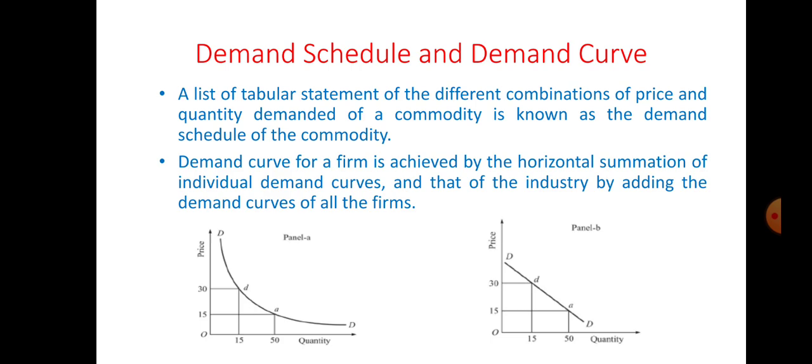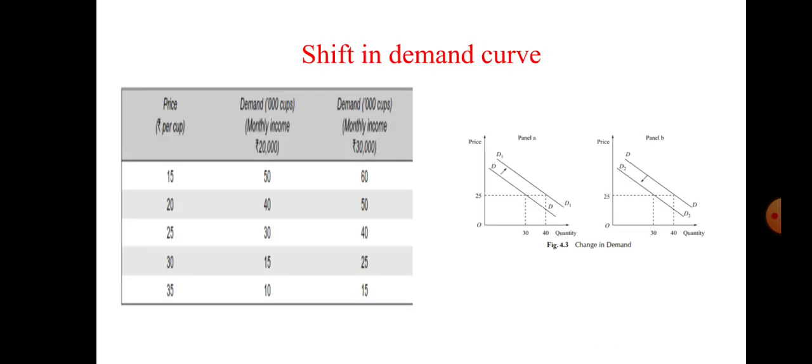Such a demand schedule and demand curve can be plotted for a product, a sector, a commodity, an industry, or a market. The demand curve for a firm is obtained by the horizontal summation of individual demand curves, and that of the industry by adding the demand curves of all the firms.